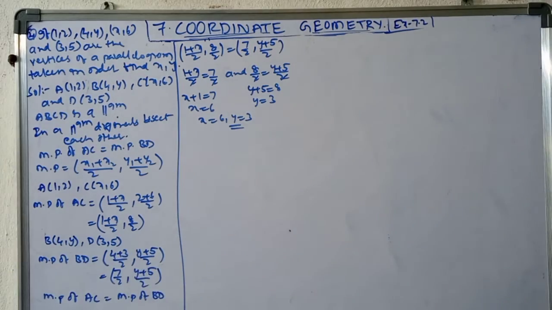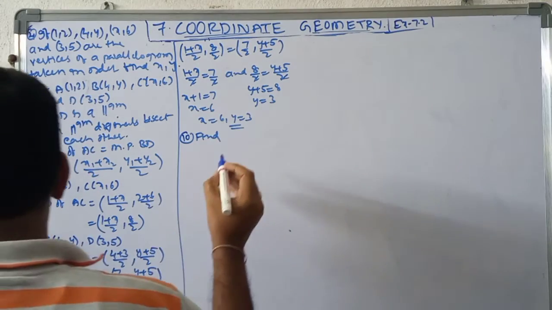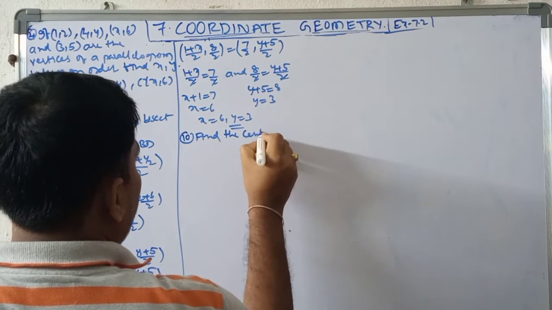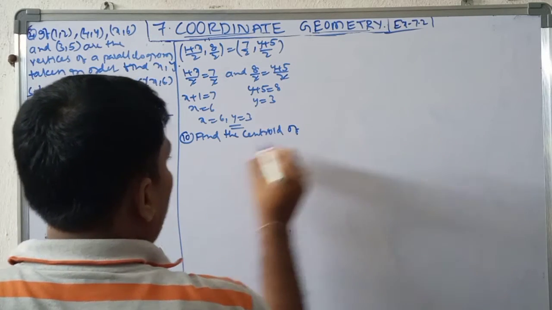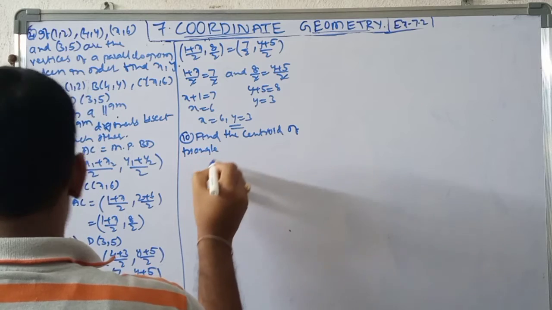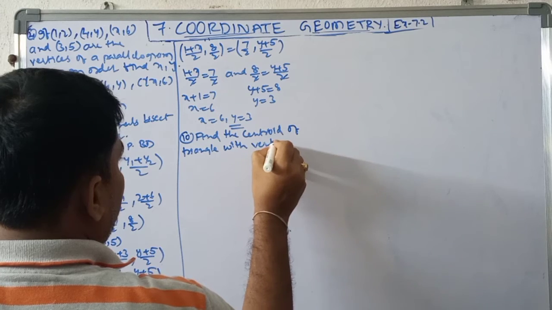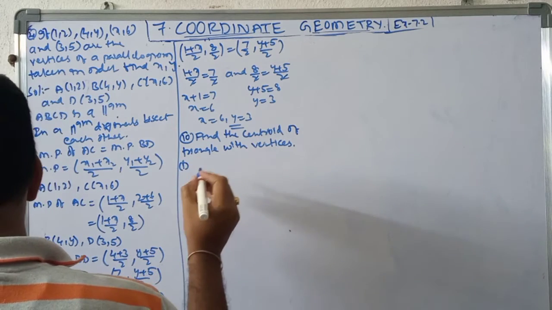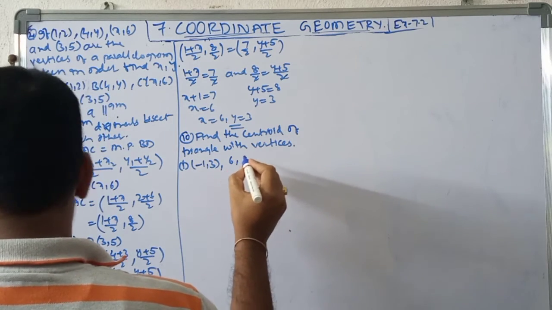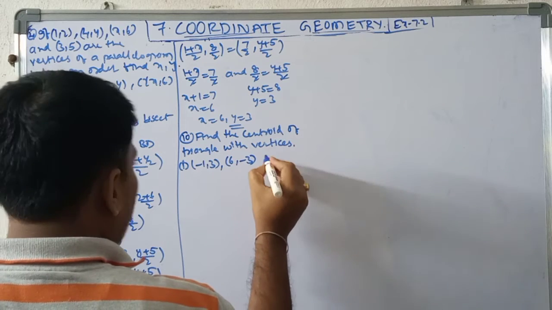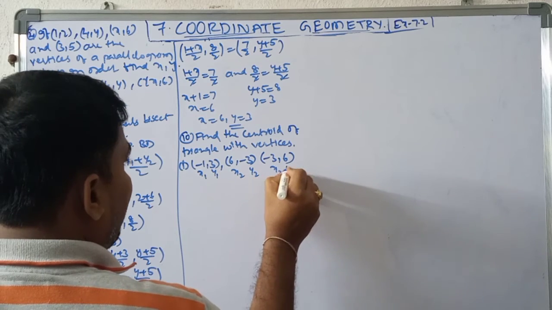Okay, next, 10th question. Find the centroid of the triangle with vertices. First one: minus 1 comma 3, 6 comma minus 3, minus 3 comma 6: x1 y1, x2 y2, x3 y3.